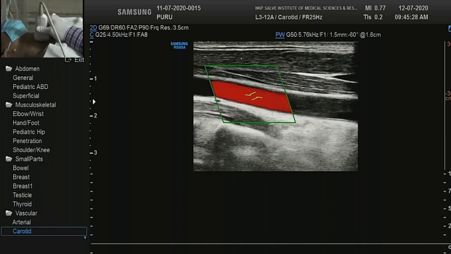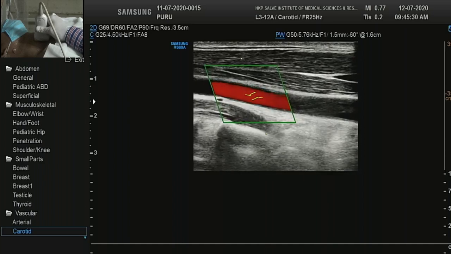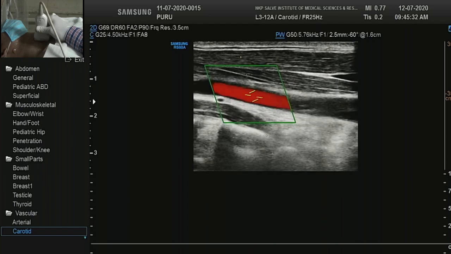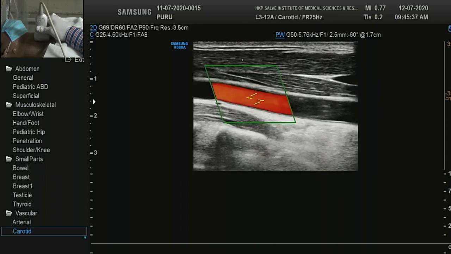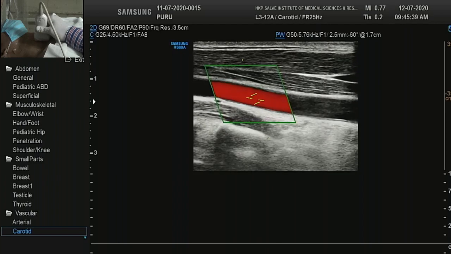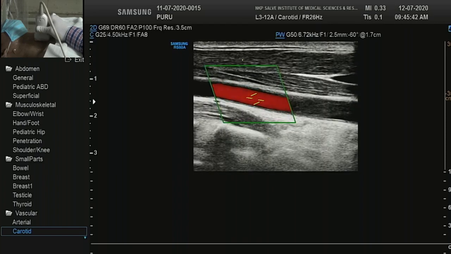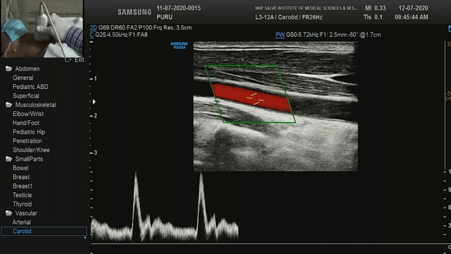So we have put a spectral Doppler. As this is a big vessel, we will just increase the sample volume up to 2.5 millimeter, and at this level we will go for acquiring a spectral Doppler.